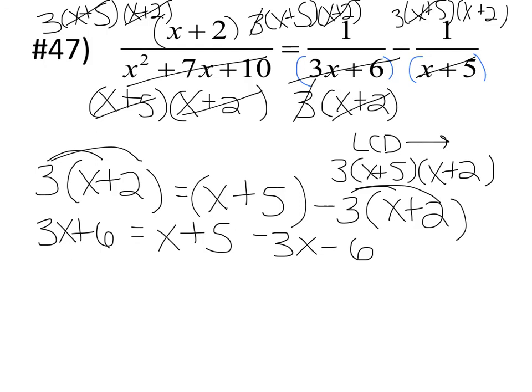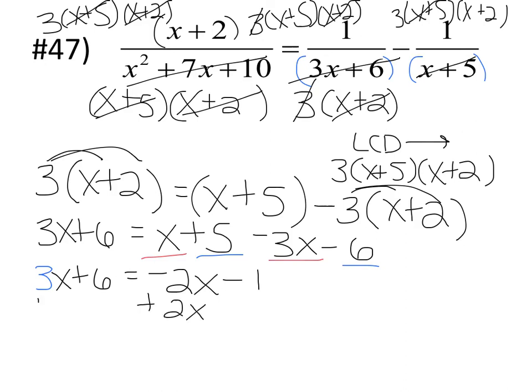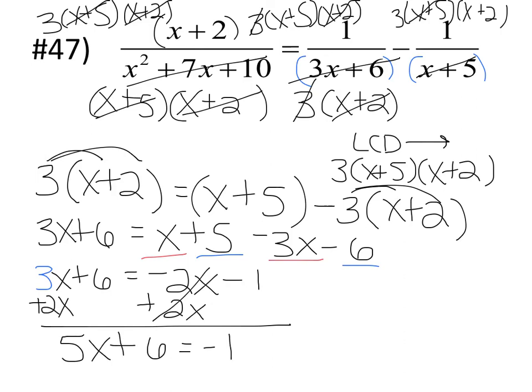So you can combine like terms over here. So you get 3x plus 6 is equal to x minus 3x is negative 2x. 5 minus 6 is negative 1. I'm going to add 2x to both sides because I want to keep my x's positive. So I get 5x plus 6 is equal to negative 1.